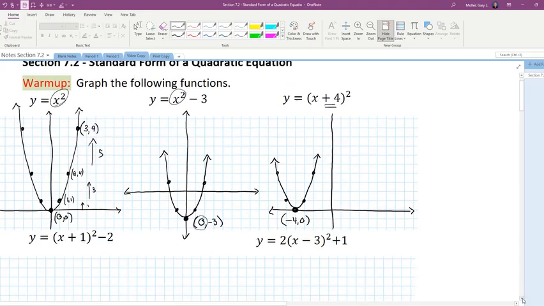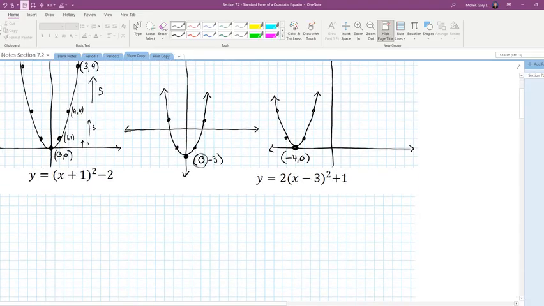All right, and then what happens if we have both of these things? And what we saw is that both of these things are then going to happen. So this is going to be that same graph that we started with, that y equals x squared graph, except it's going to shift to negative 1 and down 2. So we're going to go over 1 and down 2, which should put us right here at negative 1, negative 2.